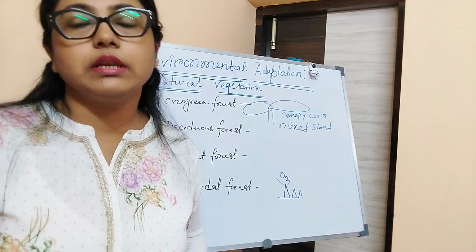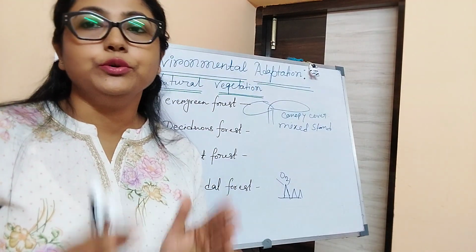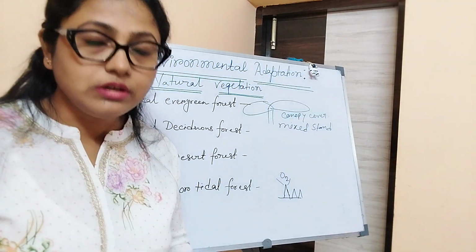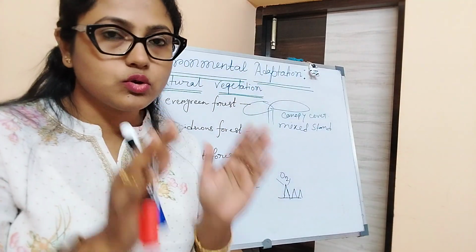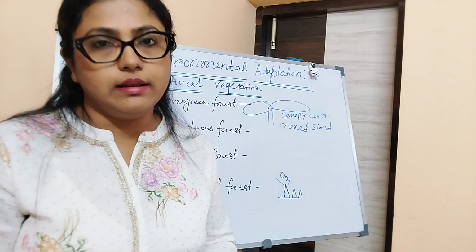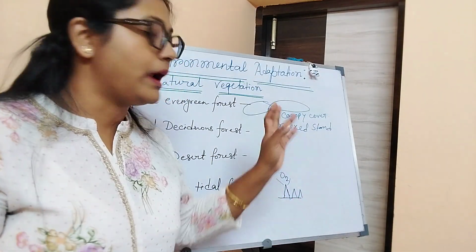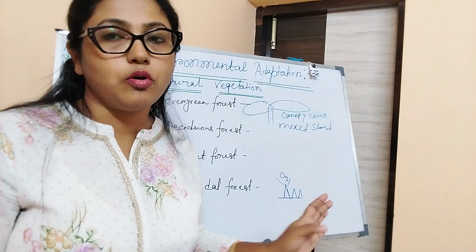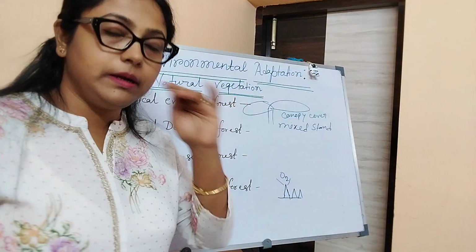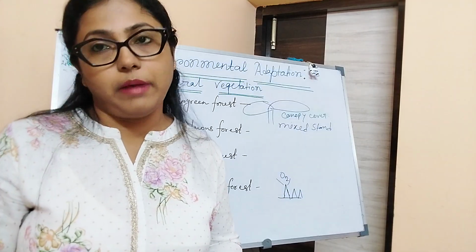One term you will get in your book, breathing roots or pneumatophore. So why are breathing roots grown? To get oxygen from the air directly. As the soil is waterlogged, they cannot get oxygen from the soil. As a result, this type of root pattern is developed in these forests, mangrove forest. So this is one environmental adaptation, that is the breathing root.